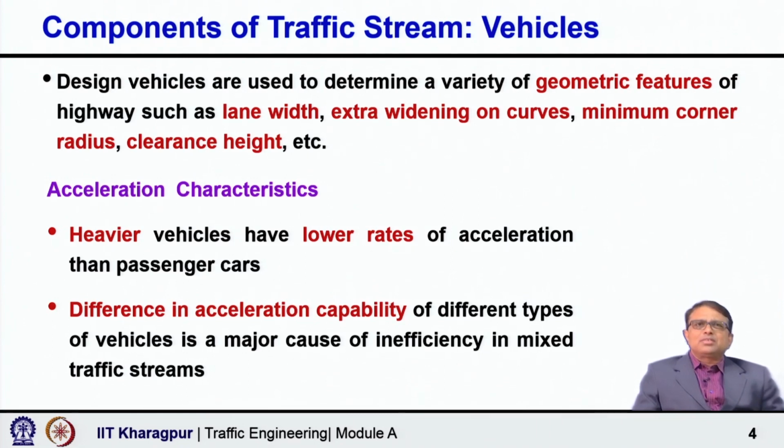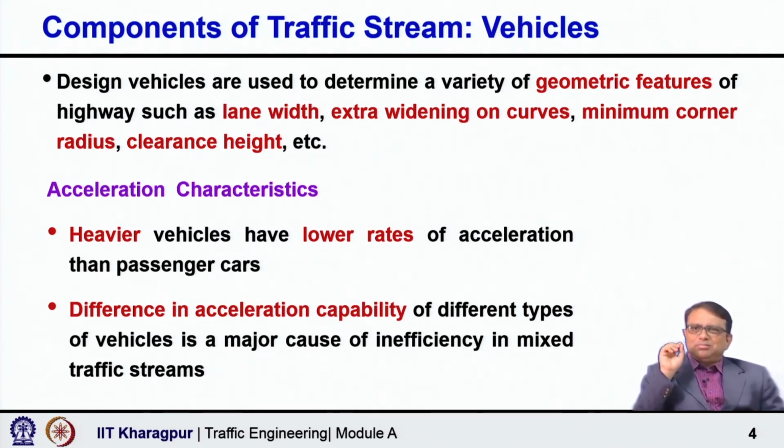So, design vehicles are used to design geometric features of highways, such as lane width, the extra widening on curves, because it depends on the length of the vehicle, width, length, everything. Then the minimum corner radius and the required clearance heights. All these are decided based on the design vehicle characteristics.